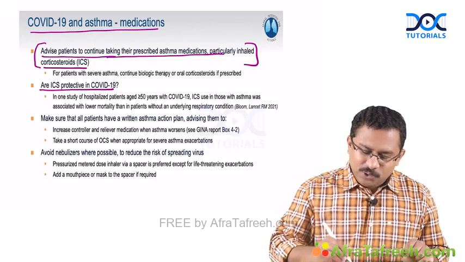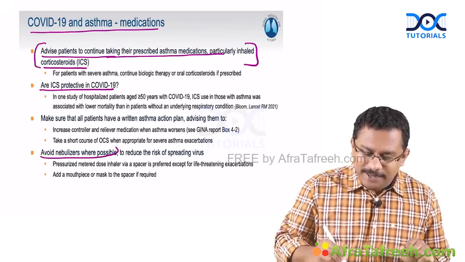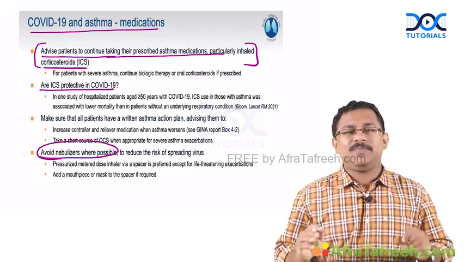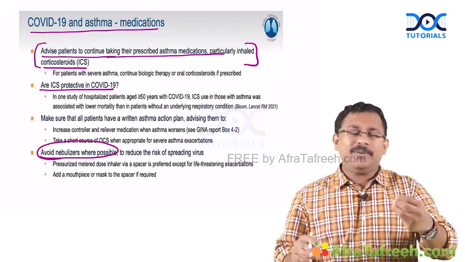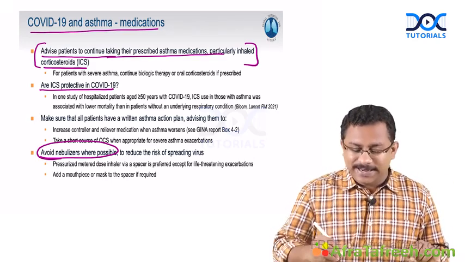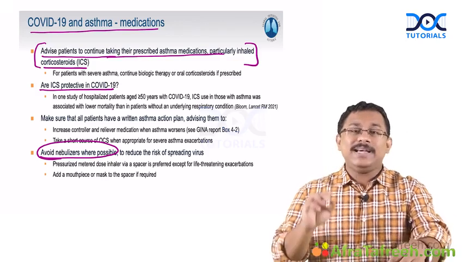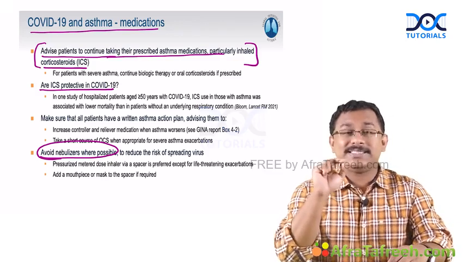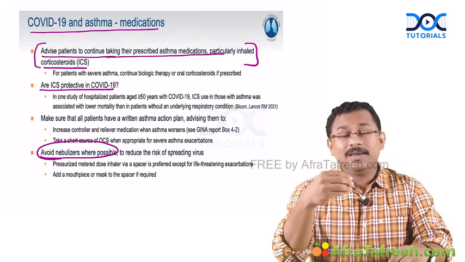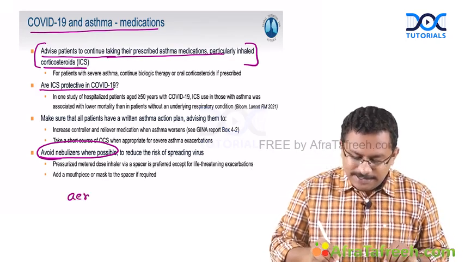Okay. Another very, very important point is that you should avoid nebulizers whenever possible. There may be certain scenarios where you would have to give the patient nebulizers, but otherwise, since there is a risk of aerosolization, you avoid the nebulizers as and when possible.